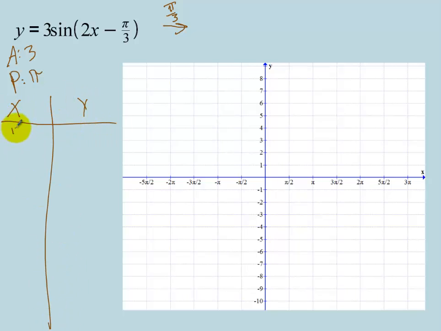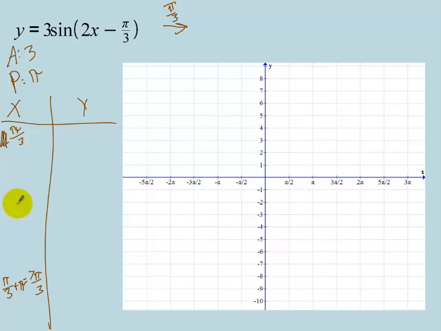So if I'm doing my first key point, it's going to be at pi over 3. Instead of being at 0, it's going to be at 0 plus pi over 3. So my second key point, well, let's do the last one. I like doing the last one. Instead of the last one being pi, it's going to be at pi plus pi over 3, which will be 7 pi over 3.